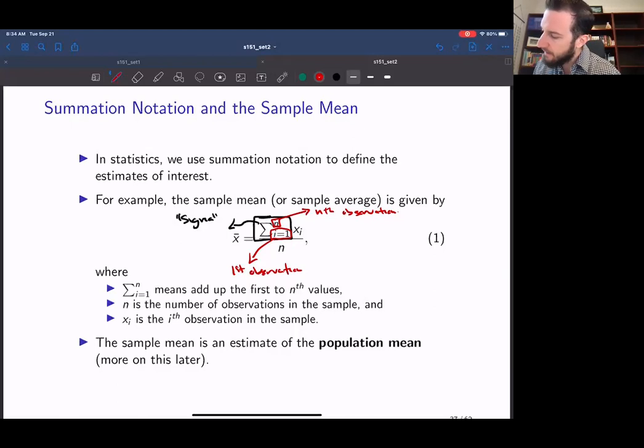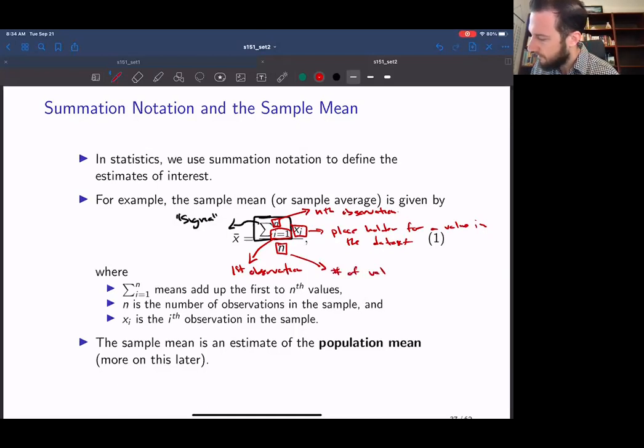And then the xi term in here, this is a placeholder for a value in the data set. And this part here, this is the number of values.